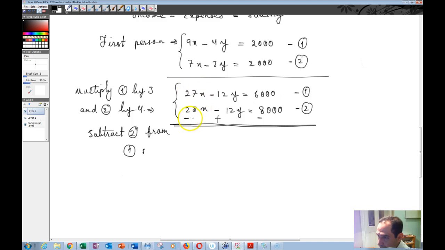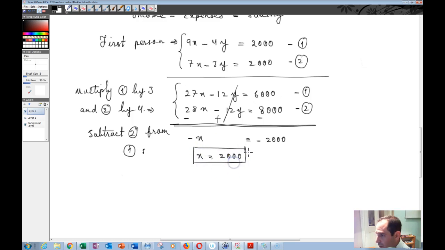So 27x minus 28x is negative x, and the y terms will cancel out as I wanted, and that's basically what I wanted to do. And this is equal to negative 2000. So negative x is equal to negative 2000, x is equal to 2000.